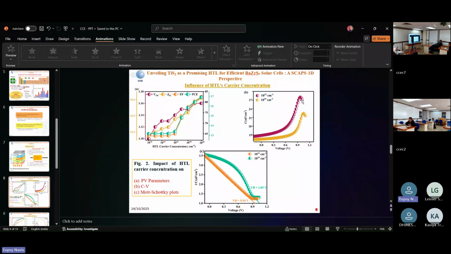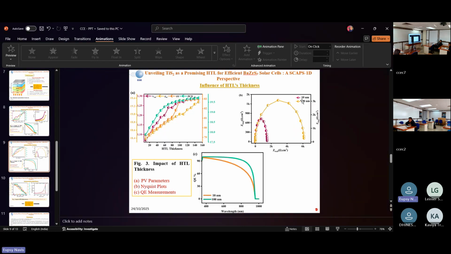Therefore, the electrons and holes struggle to get separated and reach the contacts. When the carrier concentration increases, the built-in potential also increases. Therefore, effective separation happens, and then the electrons and holes reach the contacts easily. Therefore, there is an increase in the performance with an increase in the carrier concentration of the HTL.